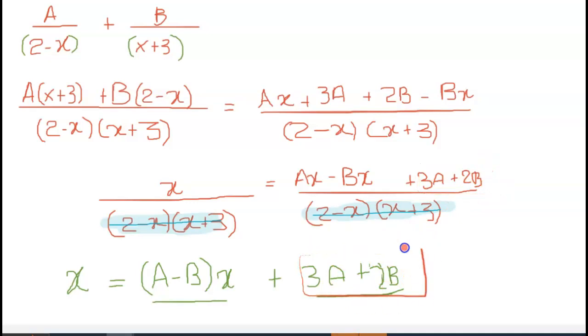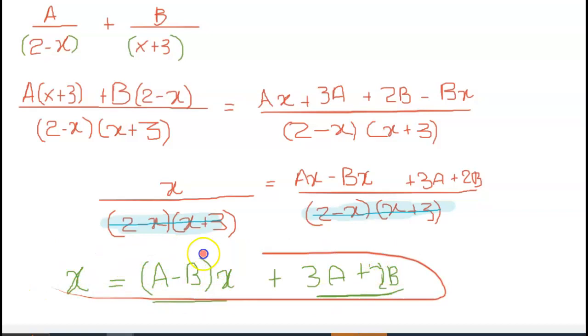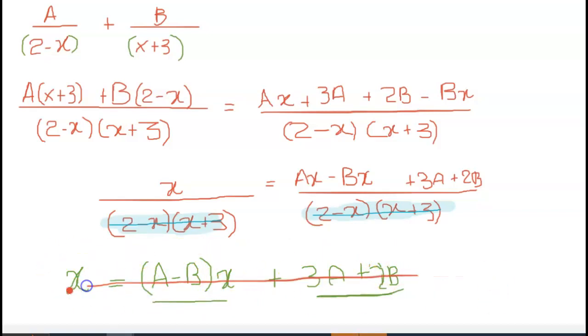Why do I need to do that? Because then I will match the coefficients. What's the coefficient here? It's 1. Which means A minus B is equal to 1, because the two sides are equal only if the coefficients are equal.